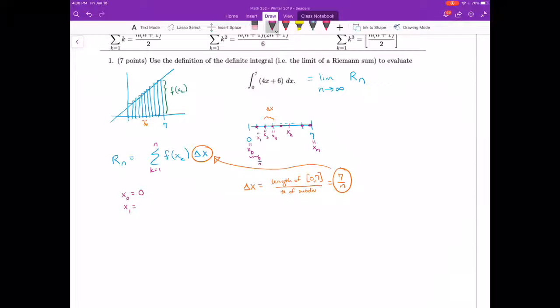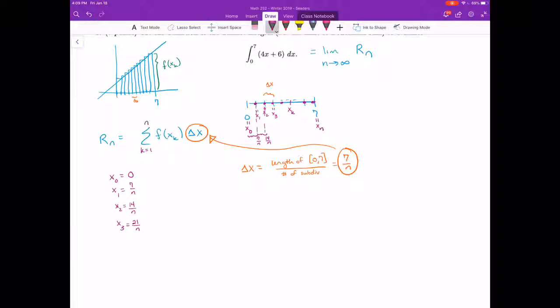So it should be 7 over n. X sub 2 is 2 times 7 over n to the right of 0. So it should be 14 over n. X sub 3 is going to be 3 times 7 over n to the right of 0, so it'll be 21 over n, and so on.